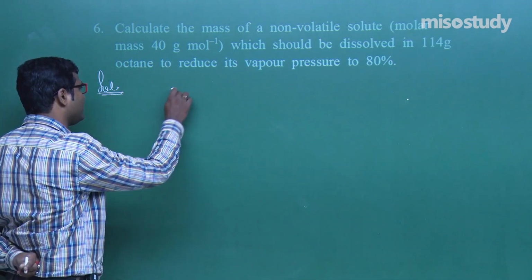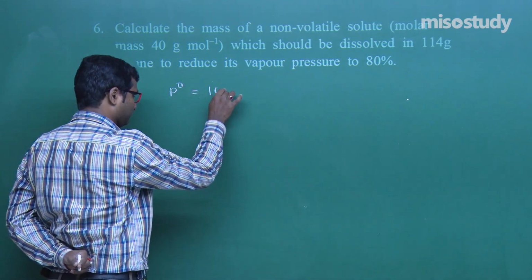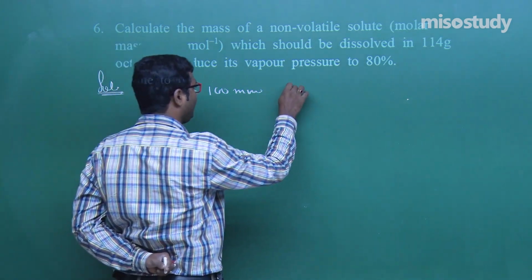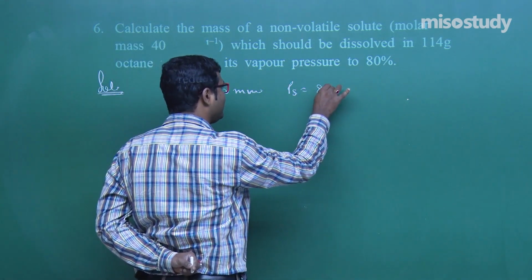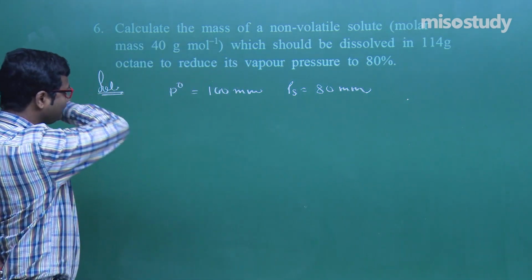That means P naught given is 100 mm and PS given is 80 mm of Hg. Clear to you? That is the question.